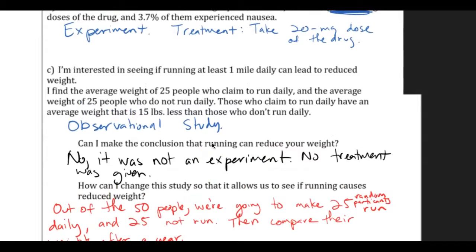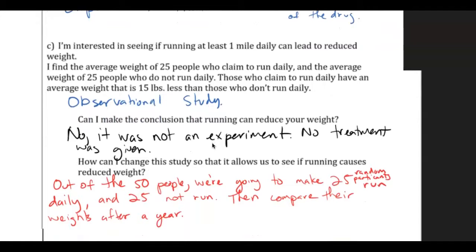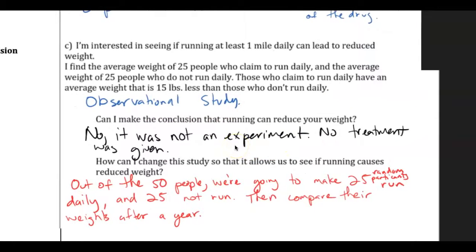As we think about the difference between these two types of studies, in an experiment we're attempting to draw cause and effect, meaning that after we analyze the results from an experiment, we may be able to say that this thing causes this thing, right? But again, it depends on the results and the way the study was formed.